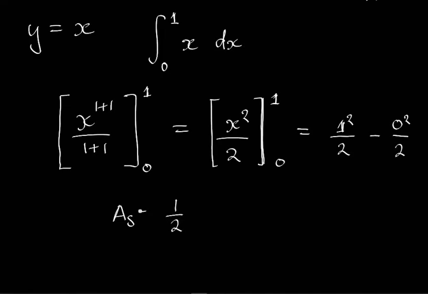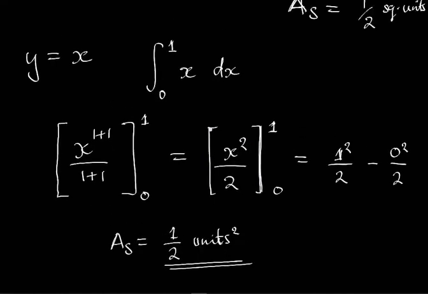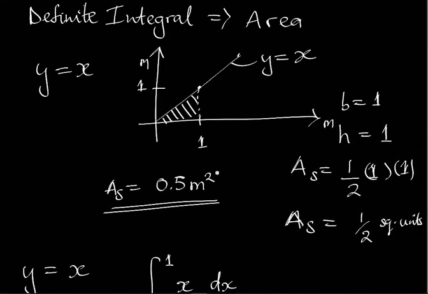So the answer to our definite integral is half, and if required you can put the units because it symbolizes the area, but they might be a little bit lenient, but this is our answer. Notice that we have the same answer that we just did using geometry. This is the power of calculus when you go into it in depth.